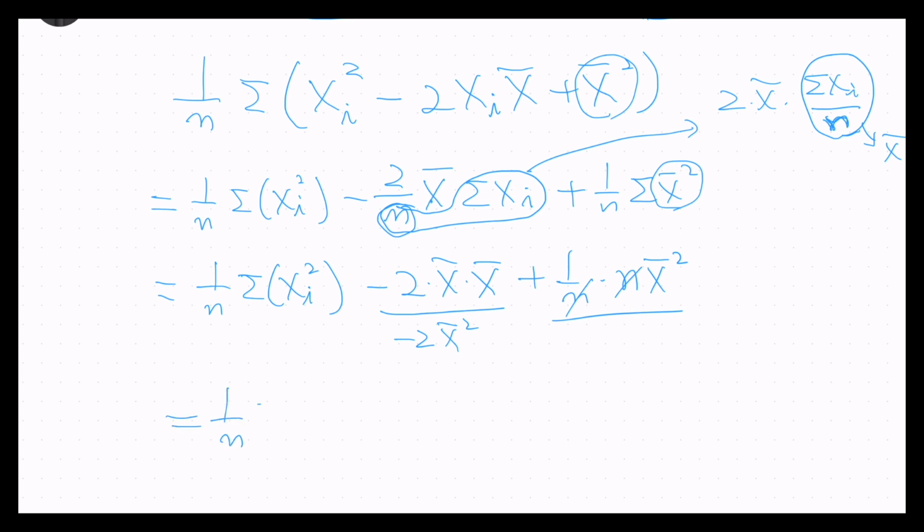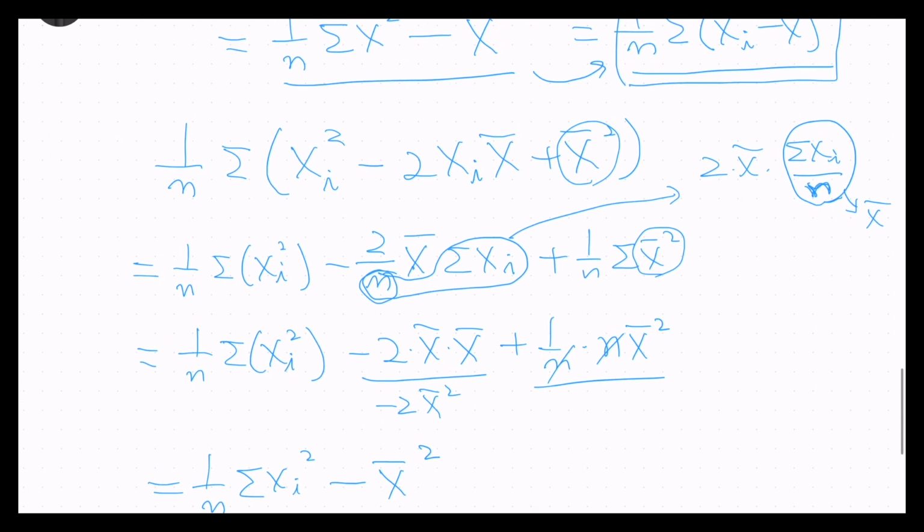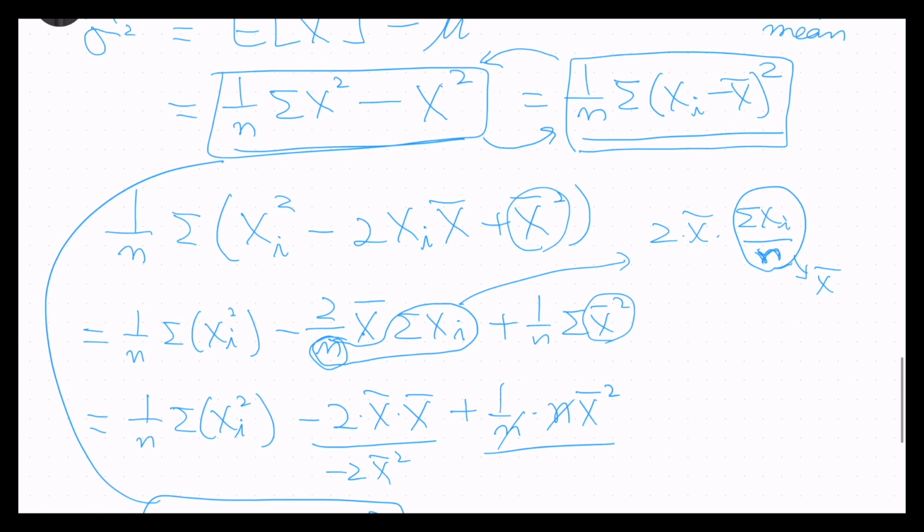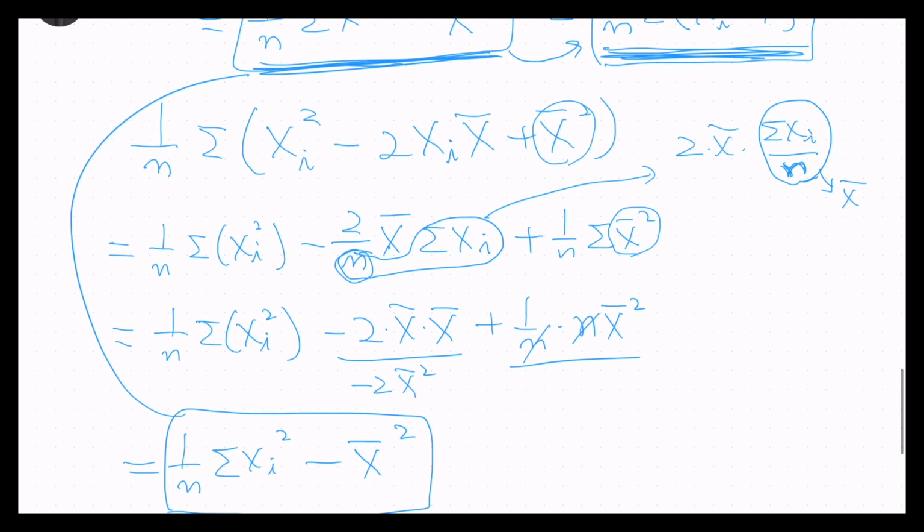So this is just sigma of xi square minus x bar square. So that's why, as you can see here, this is the same as this one, and I showed you from here to here, this is the same as this one. Okay?